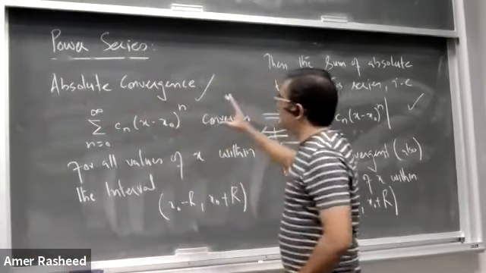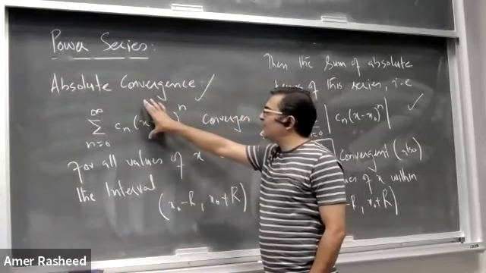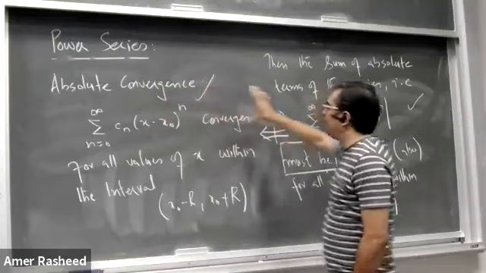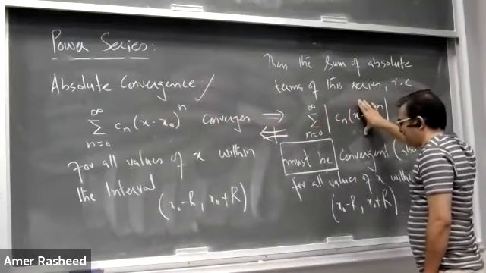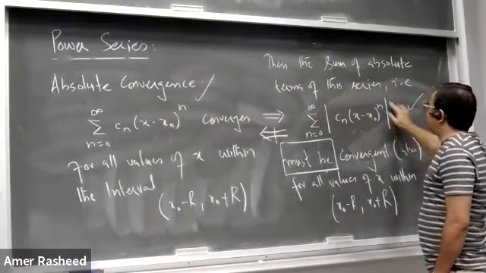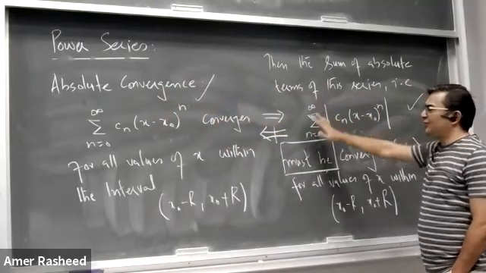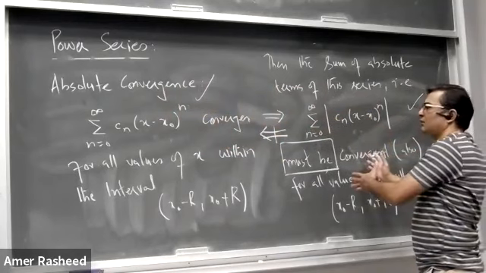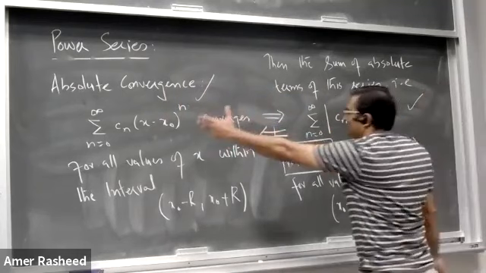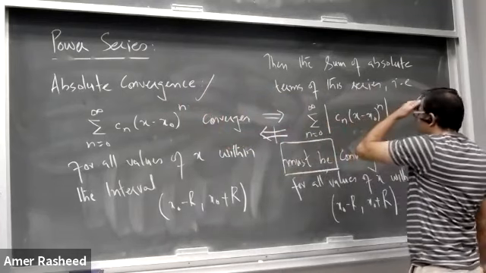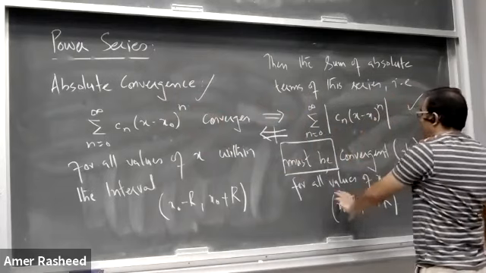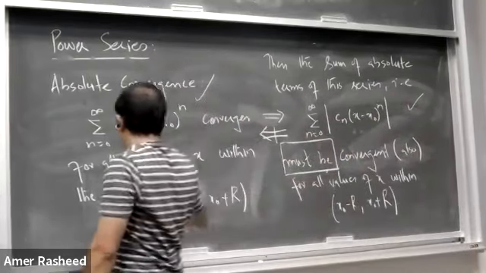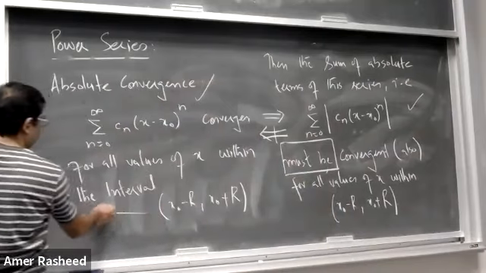So discussing the convergence of this series is difficult as compared to this series. So we are going to discuss the convergence of this series by using different methods. If this series is convergent, provided that this is also convergent, then we can easily find the radius of convergence of this series, which will imply the interval of convergence of this series.